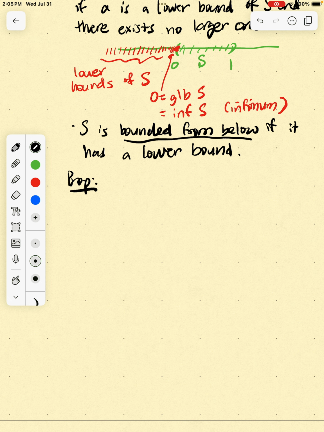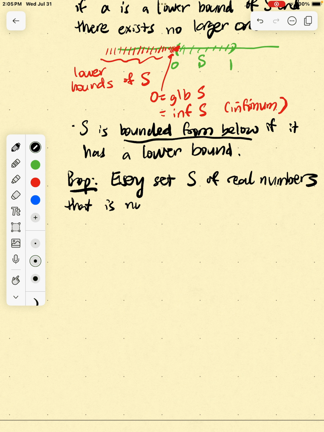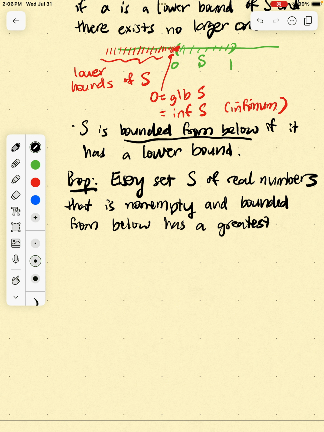So every set S of real numbers that is non-empty and bounded from below has a greatest lower bound.